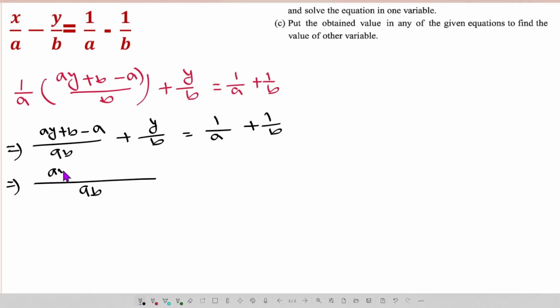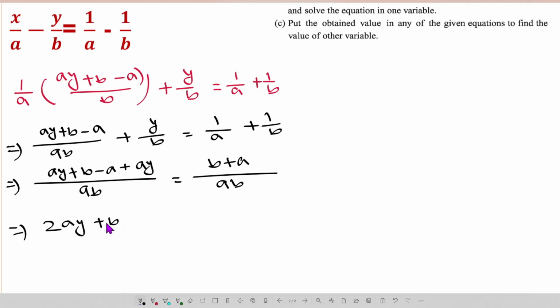So ay plus b minus a plus ab divided by b, which is a times y, is ay, equals b plus a divided by ab. Again we multiply both sides by ab, so here will be ay plus ay, it should be 2ay, and here plus b minus a equals b plus a.